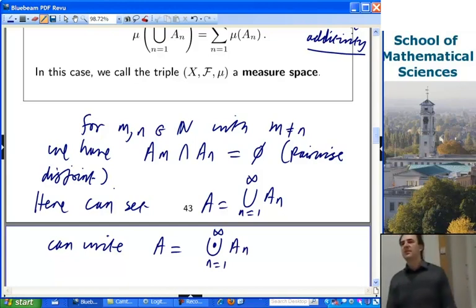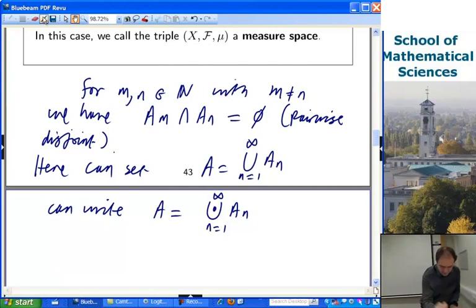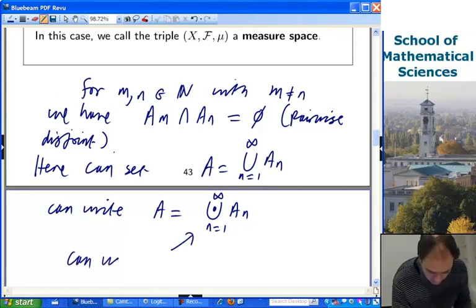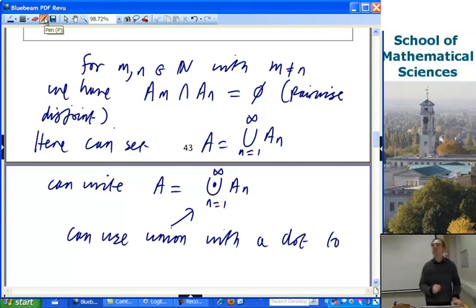That dot in the middle you can write to help remind you that it's a disjoint union, which means you've got more information. So this union with a dot in the middle reminds you that the union is a disjoint union.